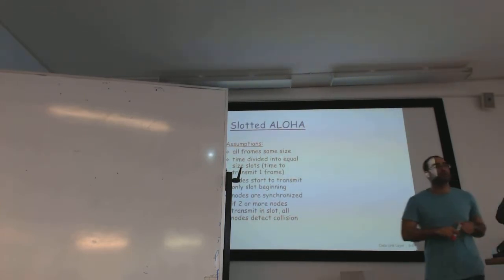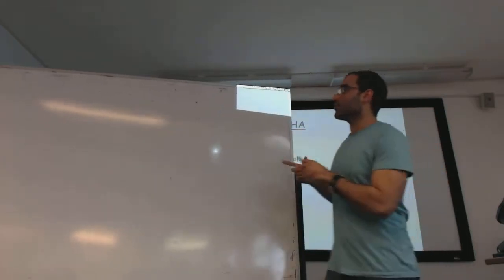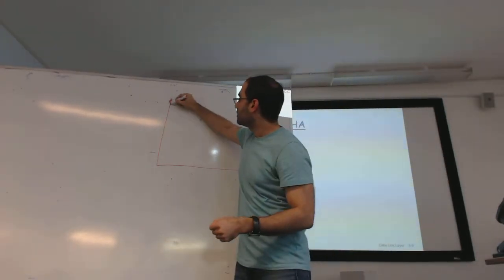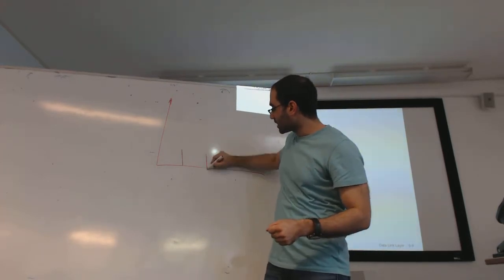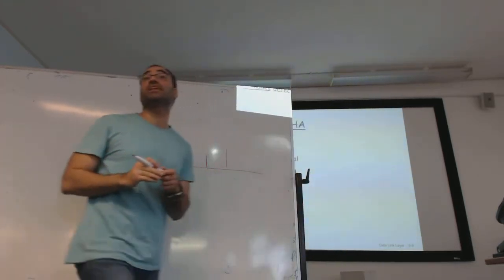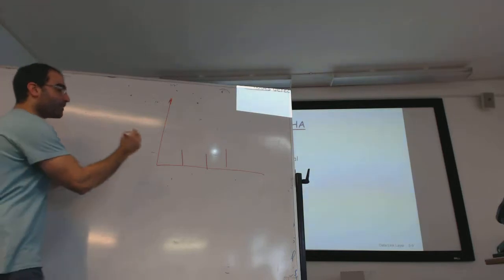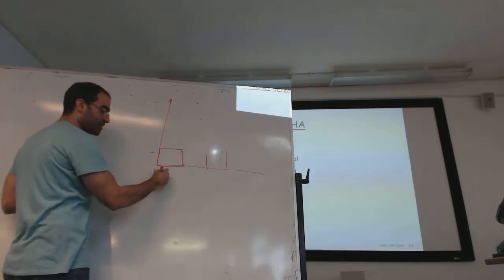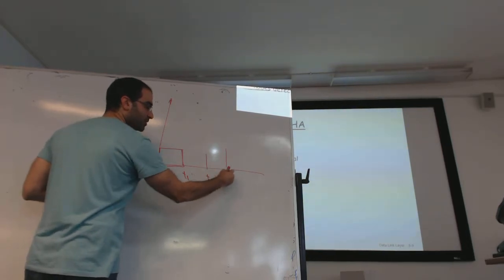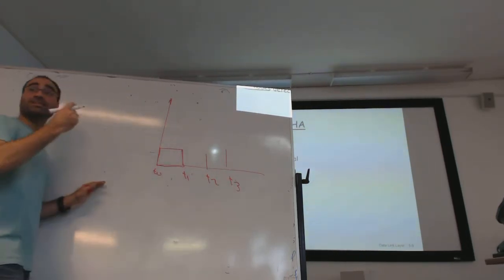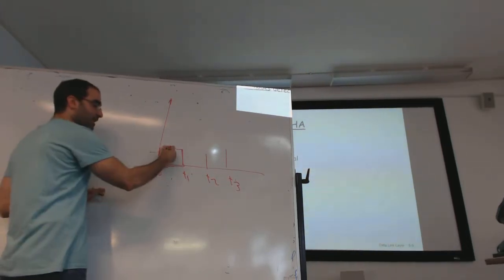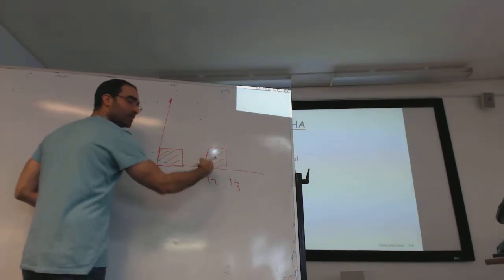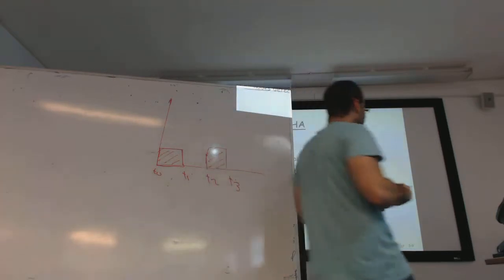So let's imagine this is the actual channel, divided into small slots, and you have users to send. Each one of them can send one packet only, and that starts at the beginning of the slot. So let's say this is time 0, time 1, time 2, time 3. You can send that packet only at the beginning of a slot, and the other one can start sending at the beginning of another slot, depending on when it is being sent.